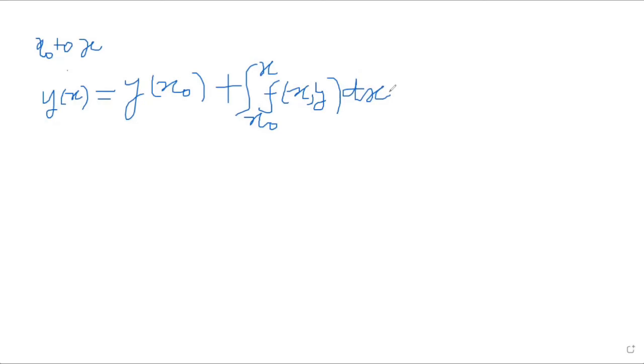So now look at the right hand side, y(x). Of course, it's a solution of the initial value problem. So we are looking for that. Now we are looking at the second term. Second term is known to us. Now tell me whether we can find this integral or not.